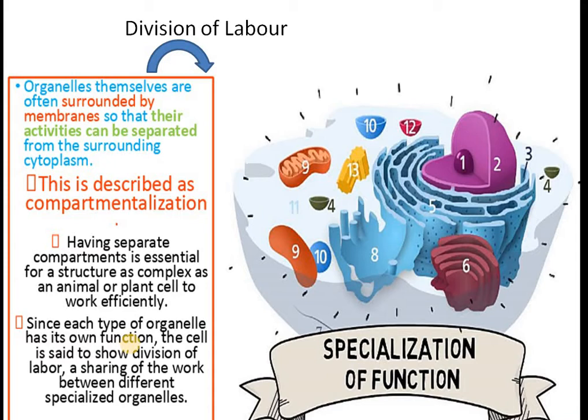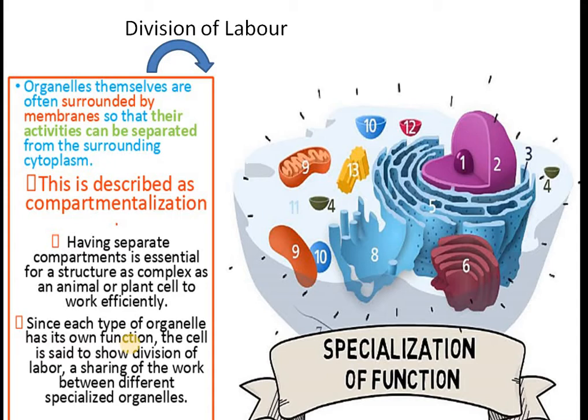It means that the organelles themselves are separated from each other, but they are working in such coordination. Having the specific function will cause the cell to perform its specific function. Having separate compartments is essential for a structure as complex as an animal or plant cell to work efficiently.